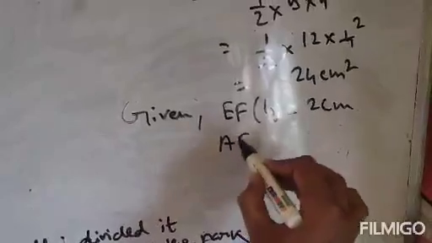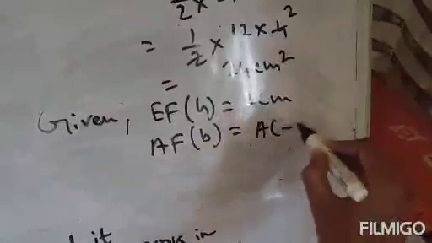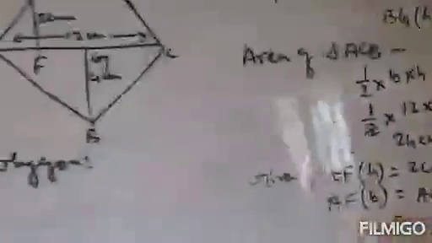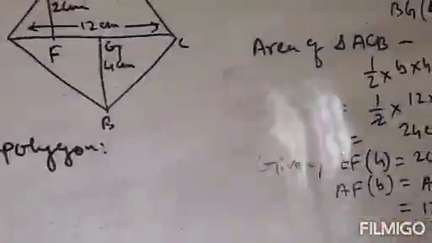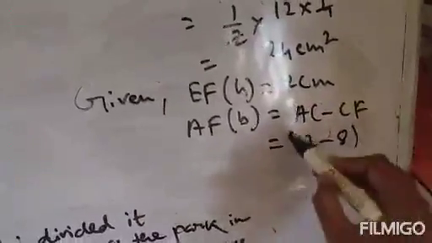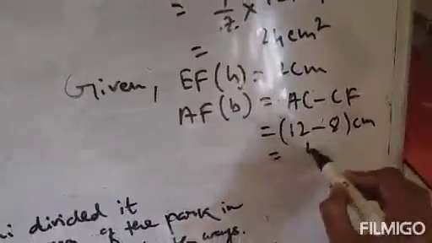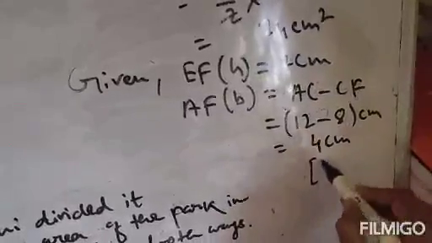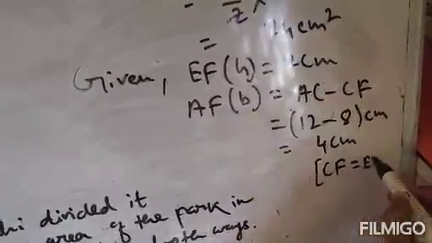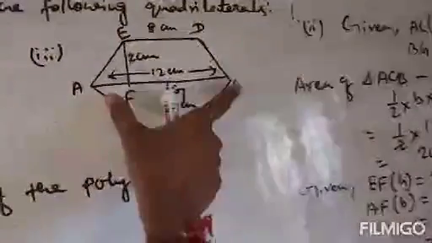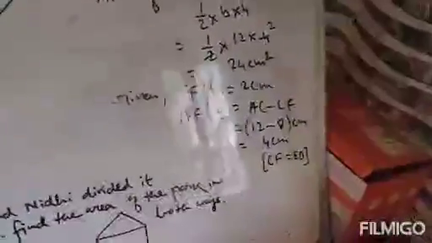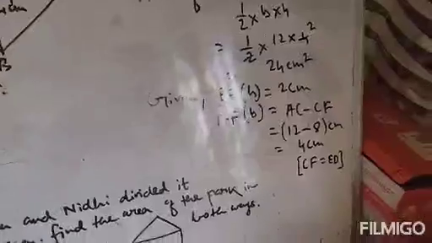AF is AC minus CF; AC is given as 12 and CF is 8 centimeter, so that is 4 centimeter. Why? Because CF is equal to ED, and ED is 8 centimeter, so CF will also be 8 centimeter. That means AF is 4 centimeter.